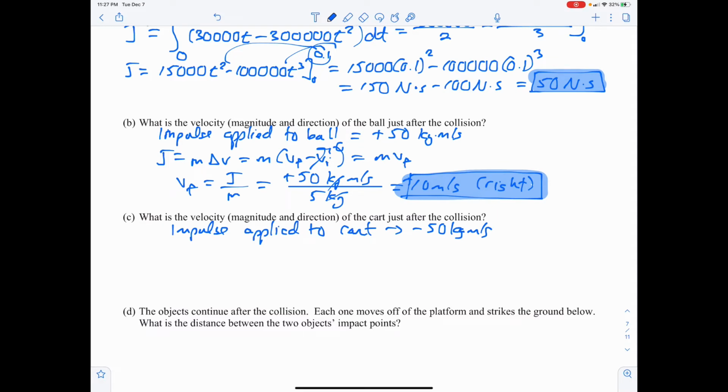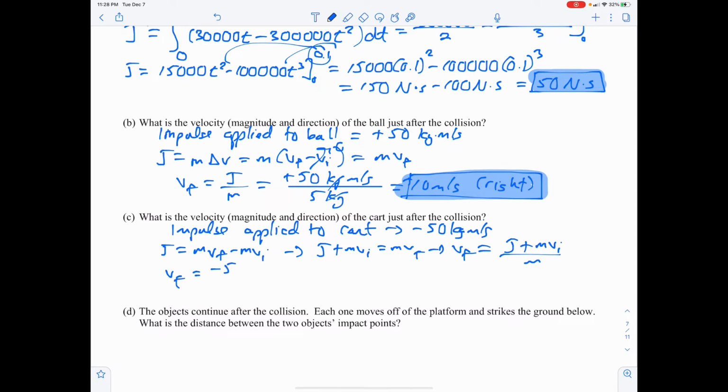So we're going to be using the same equation, but we don't cancel anything. So it's m v final minus m v initial, and we're solving for v final. To do that, I'm going to add m v initial, so J plus m v initial equals m v final, then divide by mass. So v final is J plus m v initial over the mass.